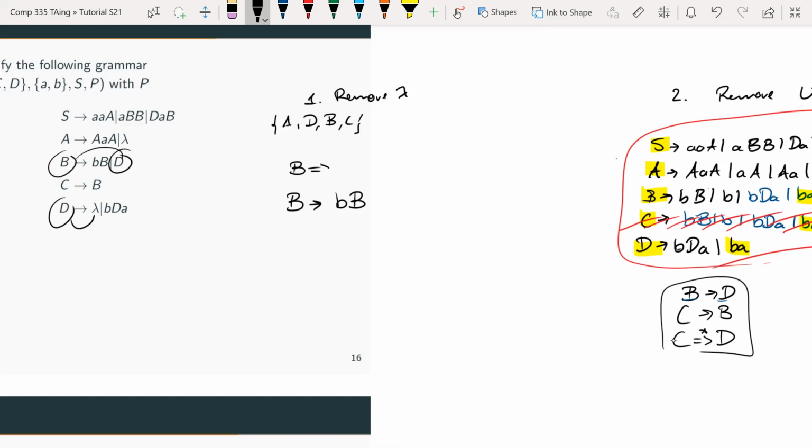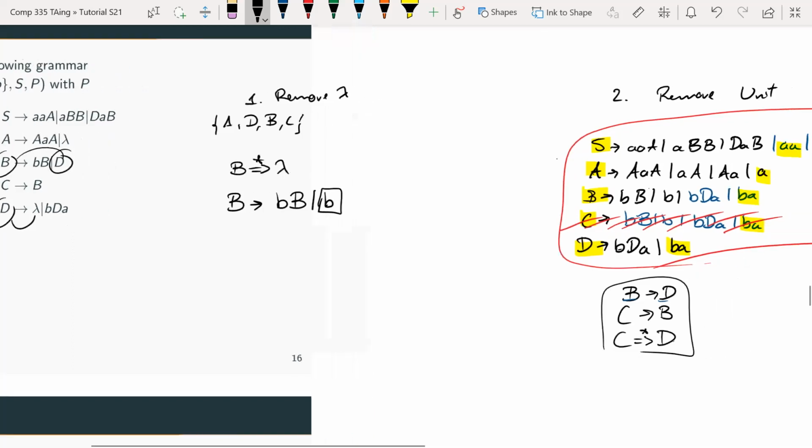So I can, through zero or more steps, get to lambda with B, right? So then here I can replace this nullable variable, which is lambda, so I can just have B. So that's how you introduce the extra terminal. Is that clear? Thank you. Yeah, no problem.